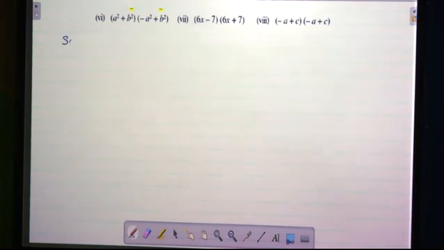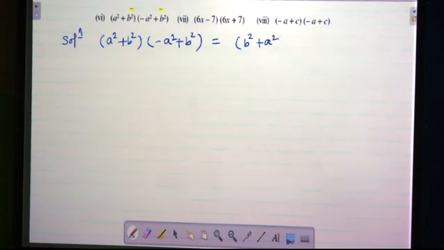We are going to solve the sixth sum. The sum is A square plus B square minus A square plus B square, in the second bracket. This can be written as B square plus A square and B square minus A square.